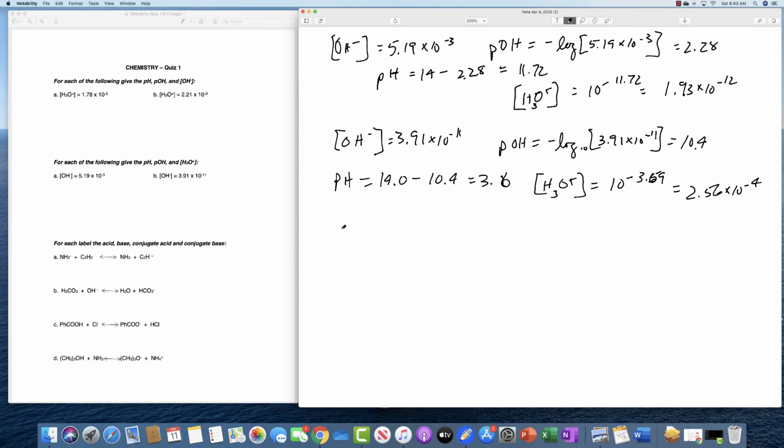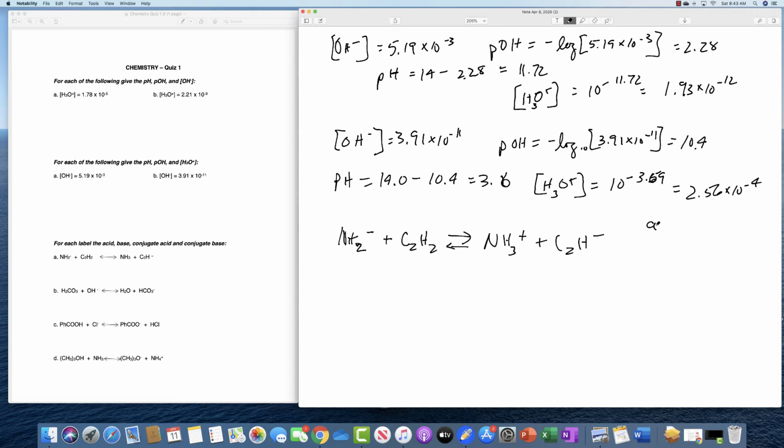So let's go through these. First of all, we have NH2 minus plus C2H2 goes to form NH3 plus C2H minus. Now, the way you determine this is to see who is an acid.